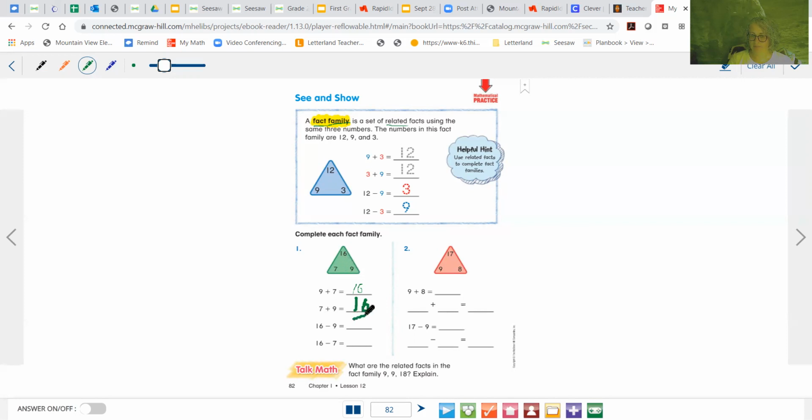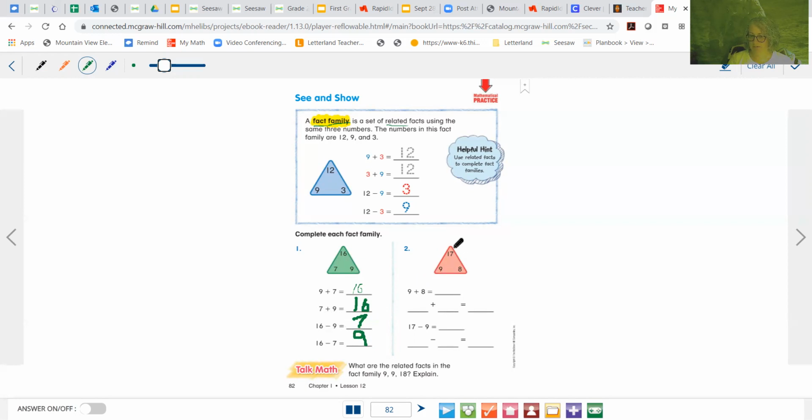The 7. And then if we go the other direction, 16 minus 7, it's got to equal the 9 that we have not used yet. So notice the 16, the largest number of the three, is the sum in the addition sentences, and it's the number that you begin with in the subtraction sentences.